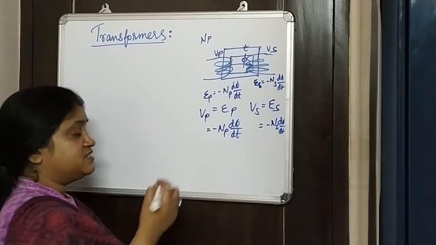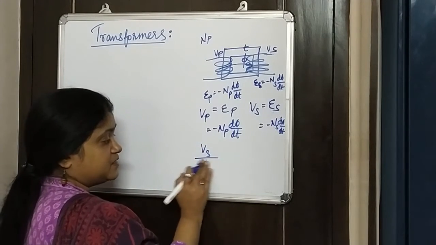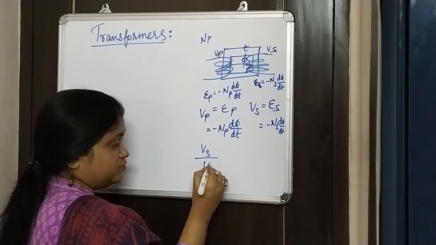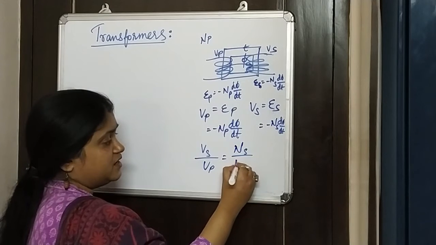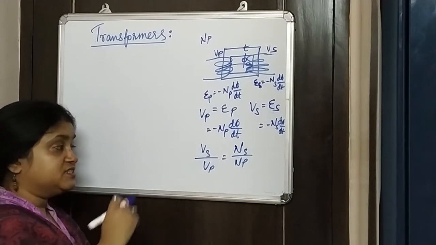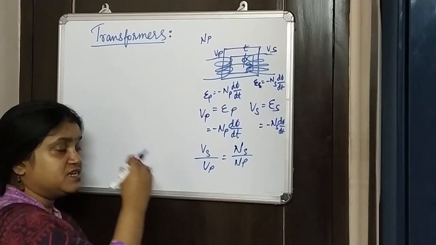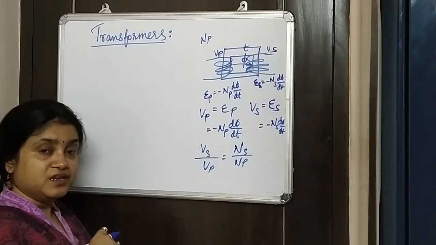Then if I take the ratio of the secondary voltage to the primary voltage, this is nothing but Ns by Np, right? So the ratio of the voltages is equal to the ratio of the number of turns of the coils.